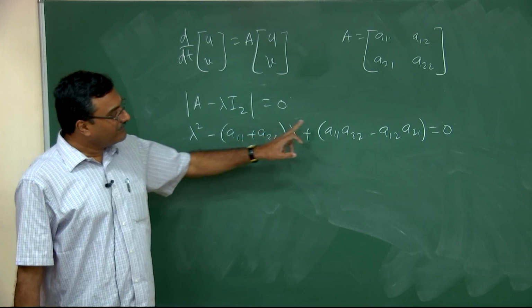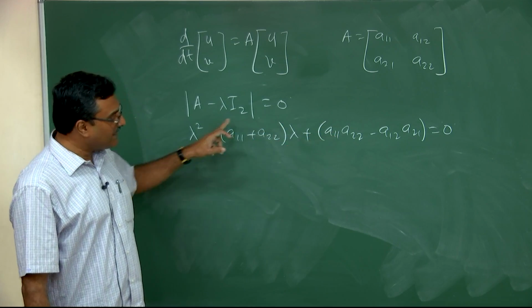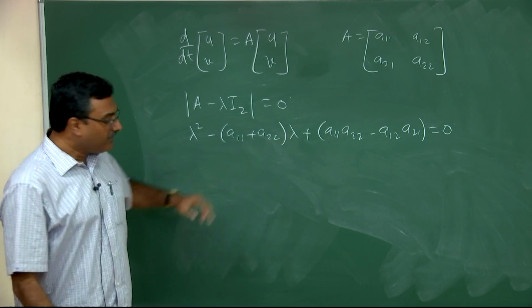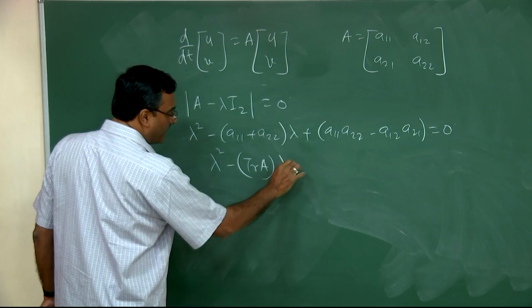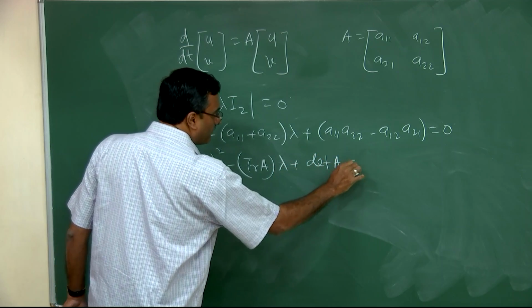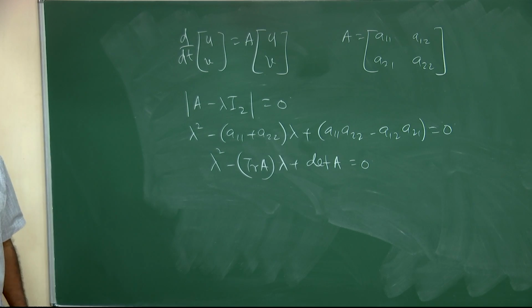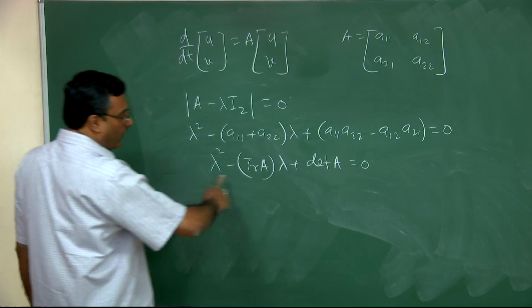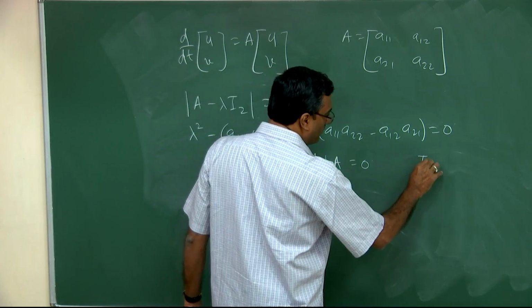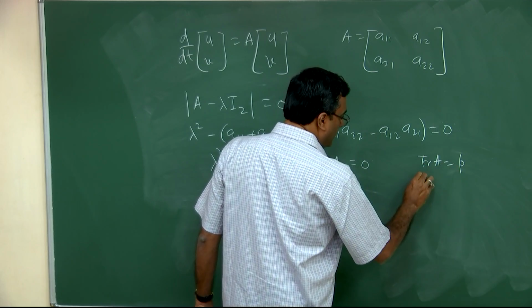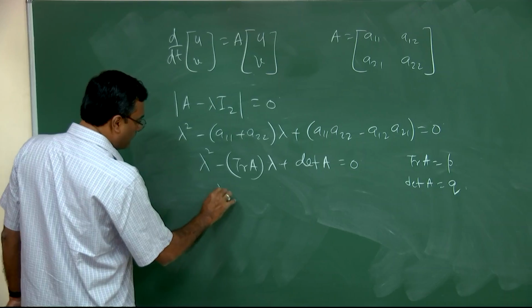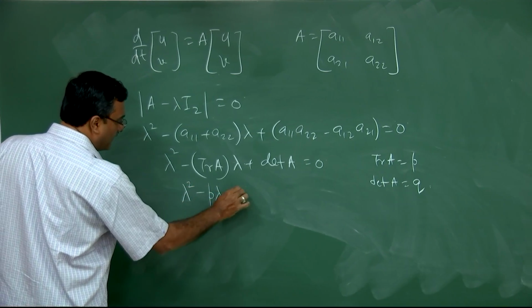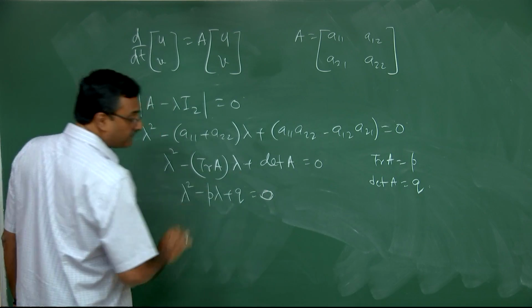Now you can just have a close look at this expression. You can write this equation as lambda square minus trace of A multiplied with lambda plus determinant of A, equal to 0. Correct? Without any loss of generality, you can assume this. And if you denote trace of A by P and determinant of A by Q, then this equation can be simply written as lambda square minus P lambda plus Q equal to 0.